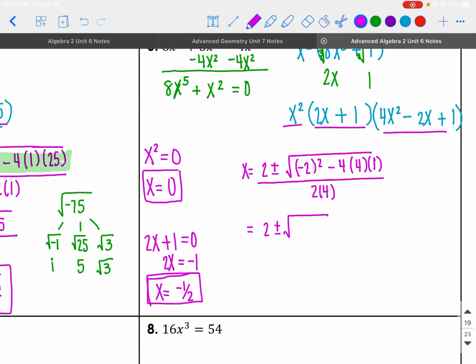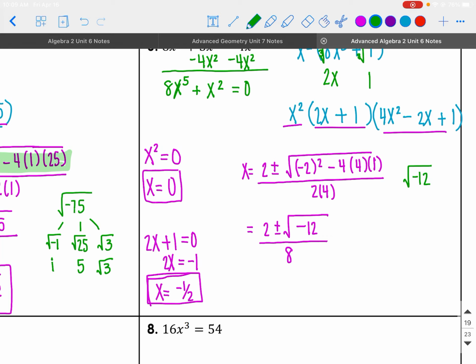Remember, we just type in the numbers under the square root. Don't actually use the square root button now. And we get negative 12 over 8.